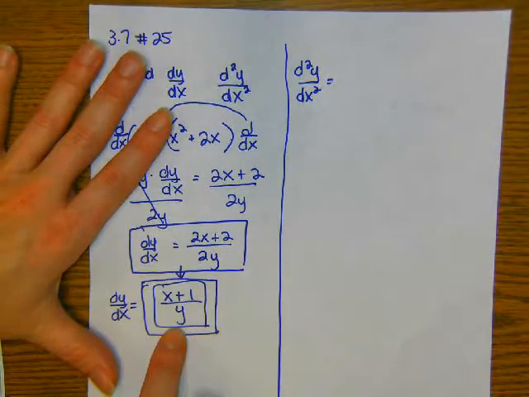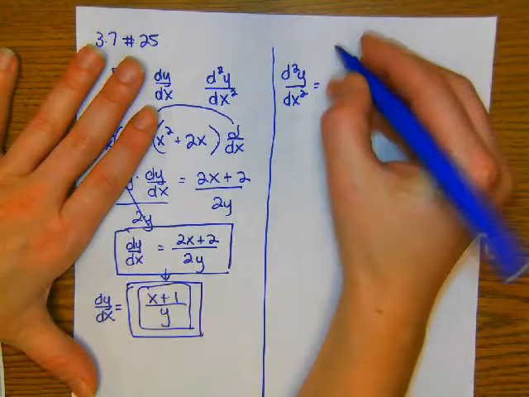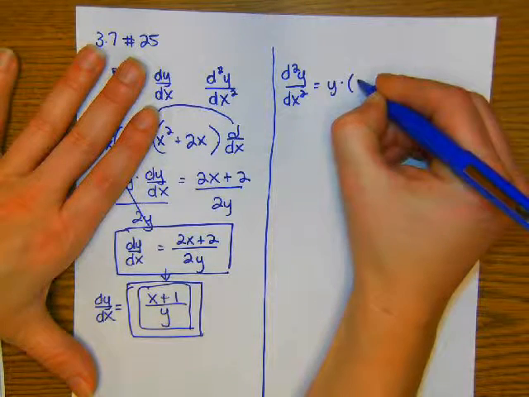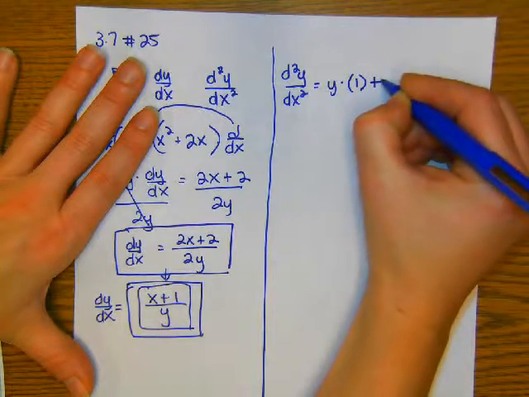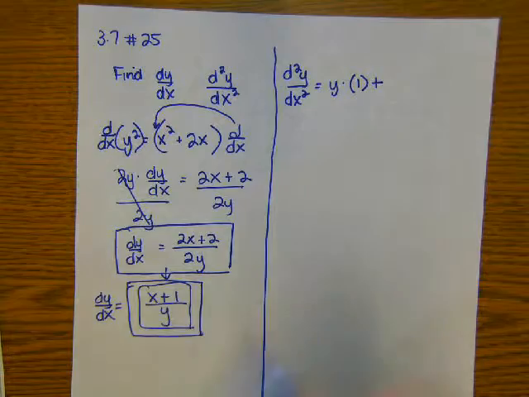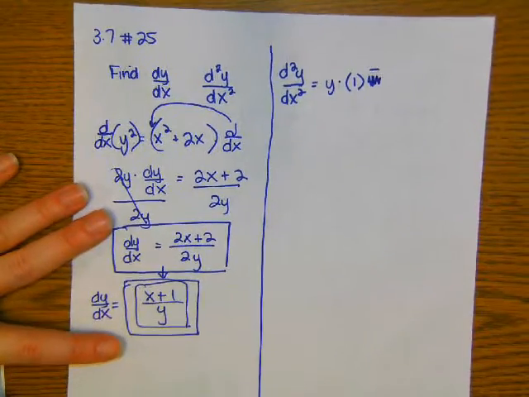Okay, so here we go. Quotient rule. Low d high. So I do y times the derivative of the high, which is 1. Minus, plus the negative, that's a double minus. High d low.